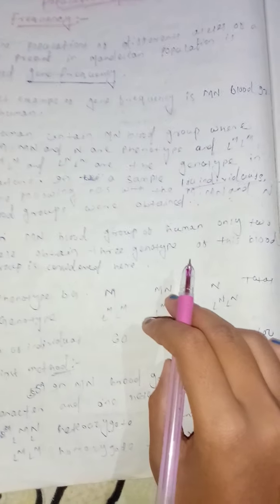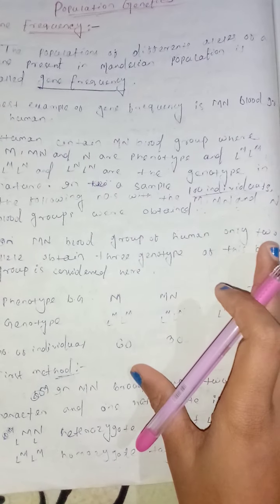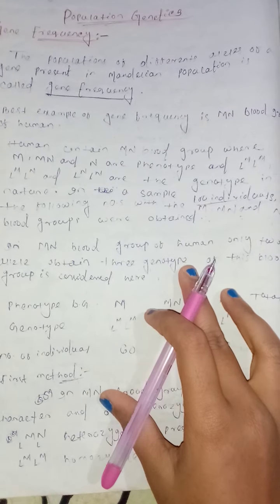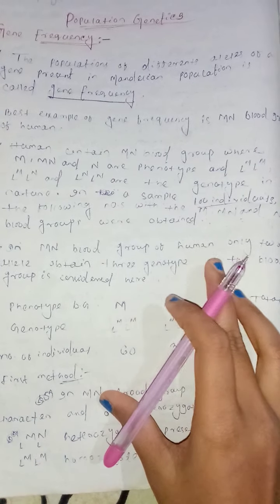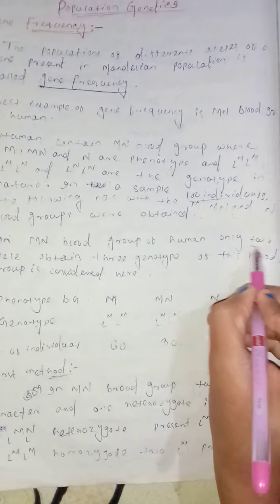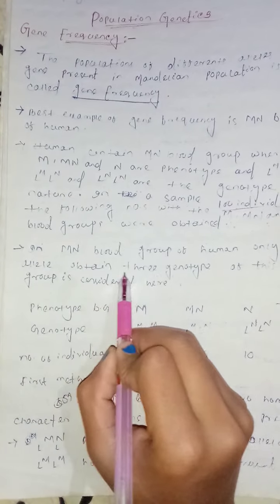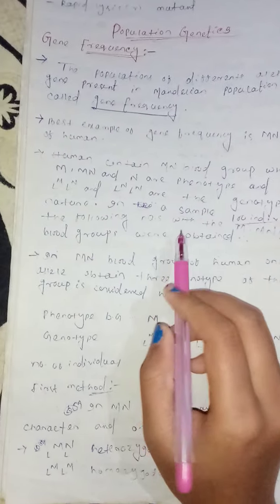In the MN blood group of humans, we have 2 alleles, and from 2 alleles we obtain 3 genotypes.